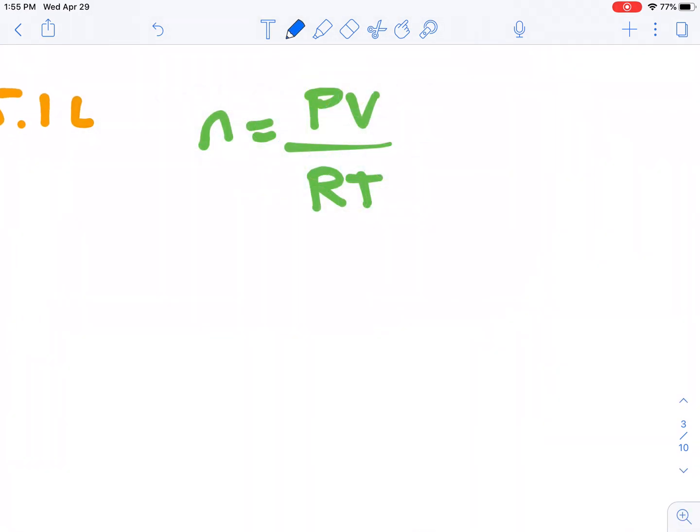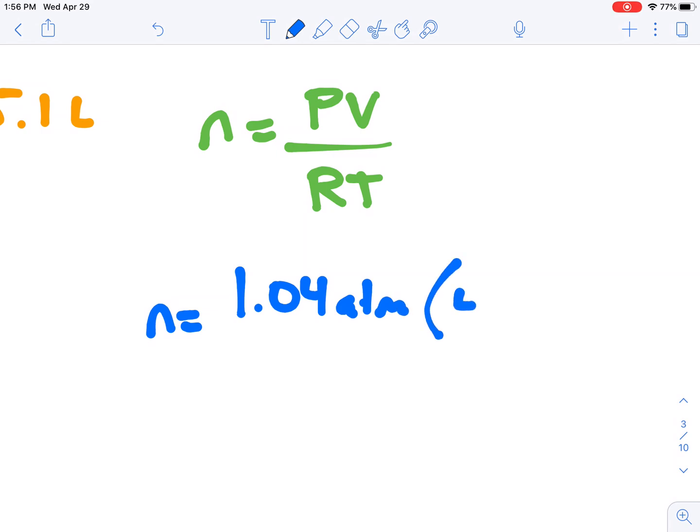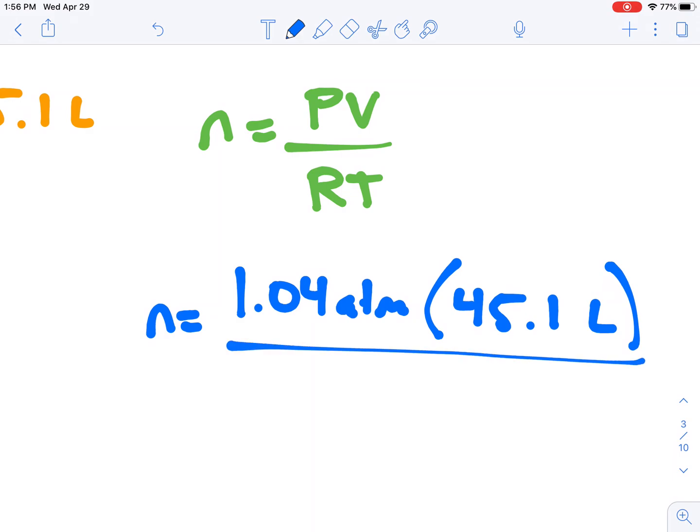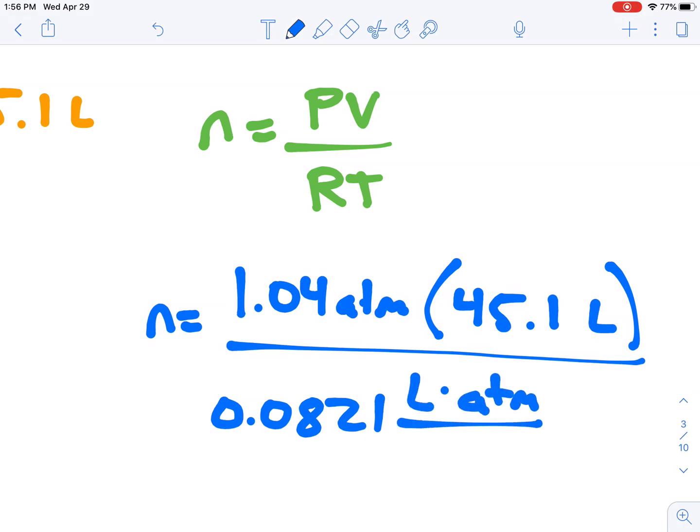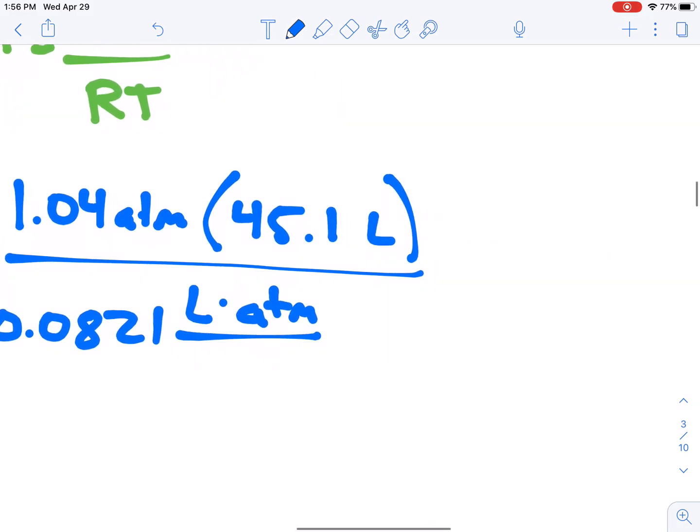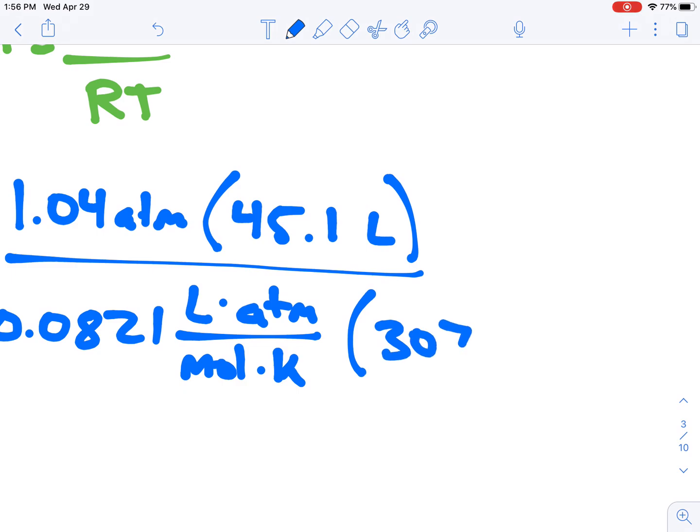So N is equal to the pressure given in the problem, which was 1.04 ATM. We solved for a new volume. It was 45.1 liters. That is over our R value now, which is 0.0821 liters times atmospheres. We're using that one because our pressure is in atmospheres, over moles times Kelvin, times our temperature, which we said was 307 K.